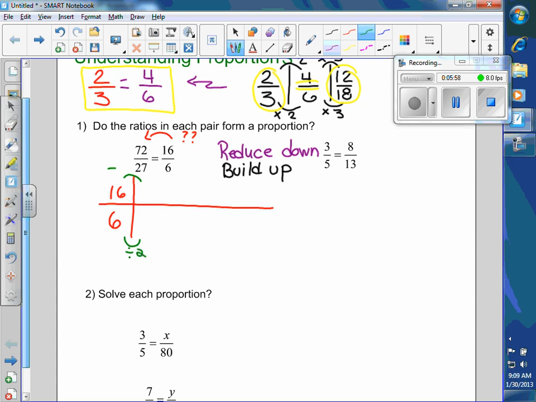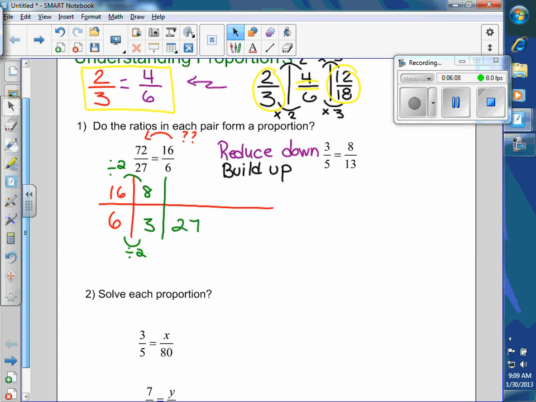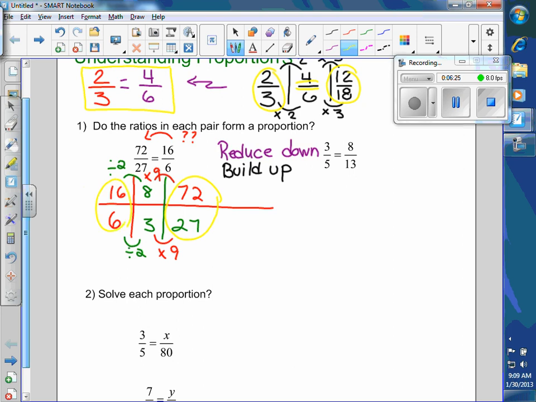5 by 2. And so this becomes 3 and 8, right? And the goal would be to get a 27, right? So can we get that 27 now? Yes. You'd have to multiply by 9, right? So then you have to multiply 8 by 9. And 9 times 8 is 72. So we have 72 over 27 is the same as 16 over 6.